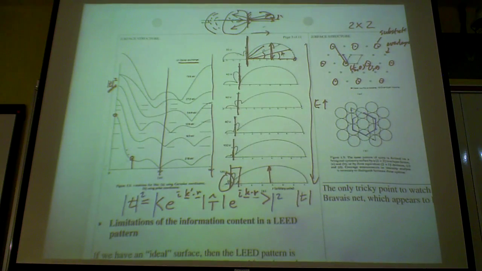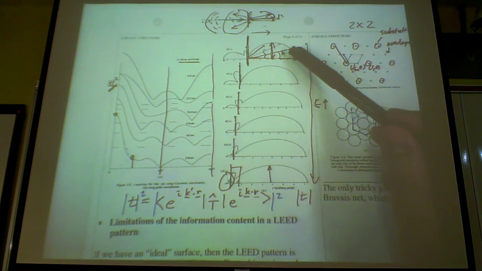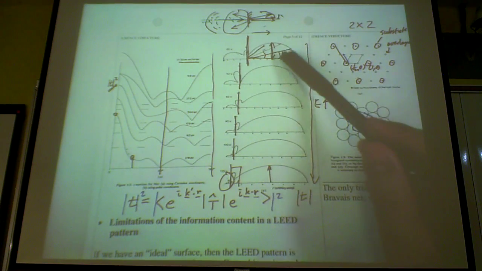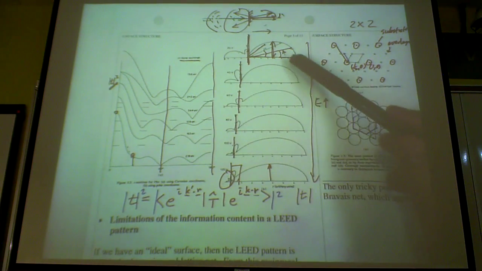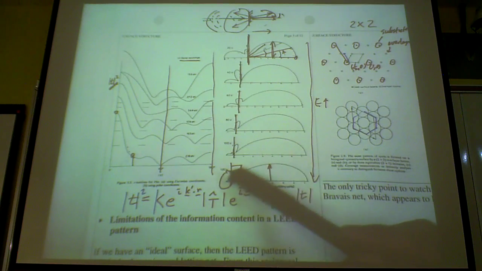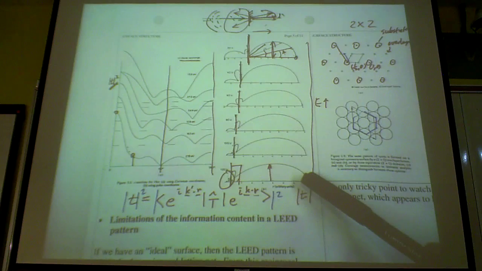And the point is this: if this is a low energy electron beam, the scattering distribution is broadened in the angular direction. If you increase the kinetic energy of the electron, the forward scattering, as you would expect, will be more focused in the forward direction.